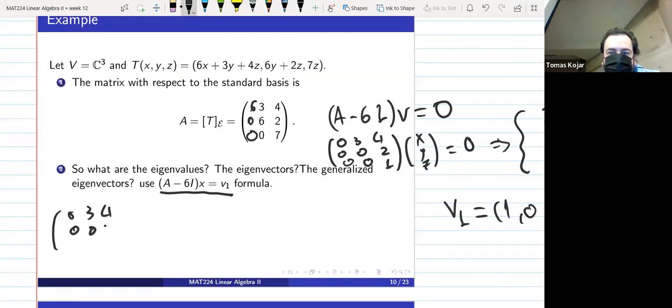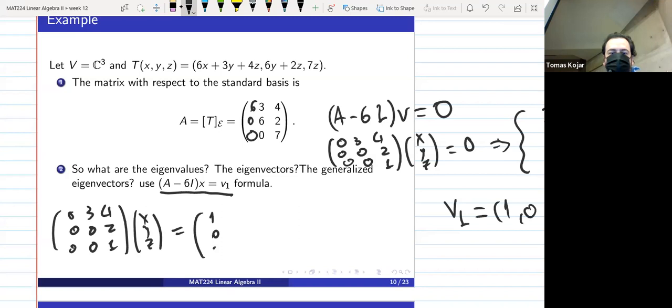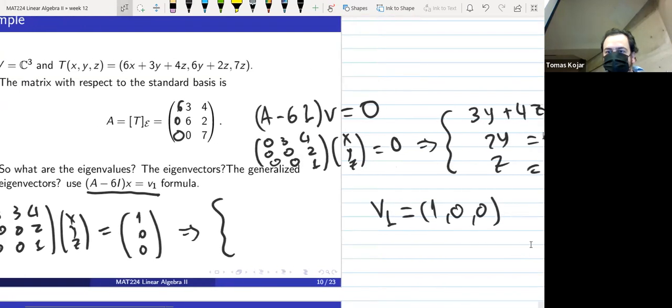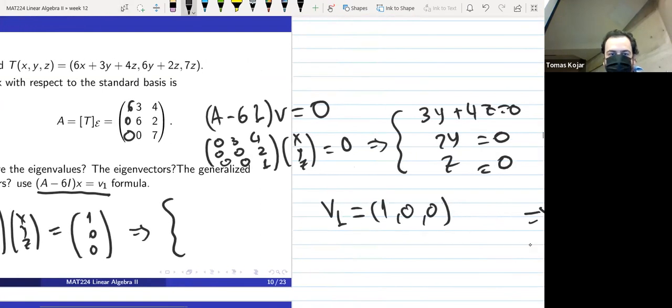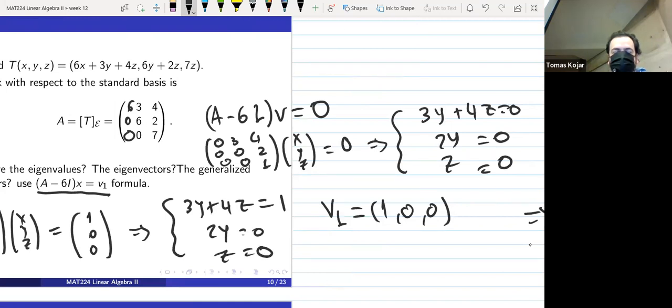That's kind of the easy part because you only have one matrix to work with. X, Y, Z. I know I'm not using notation. But now you set it to 1, 0, 0, 0. And that gives you a system that I already wrote. So I'm not going to use it. So it's 3y plus 4z equal to what? And then 2y 0, z 0.